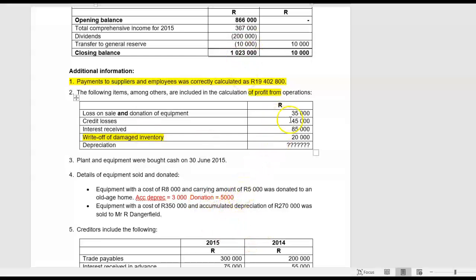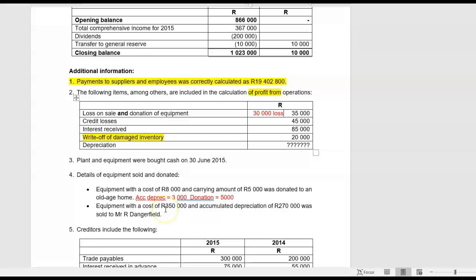Then what you can see there is that the actual loss on the sale of equipment was 30,000 Rand, because the 35,000 Rand was equal to our loss and the donation. The donation is 5,000. Okay.